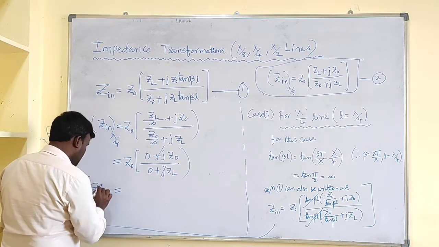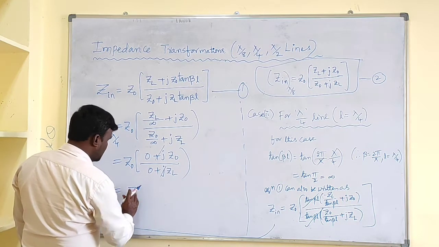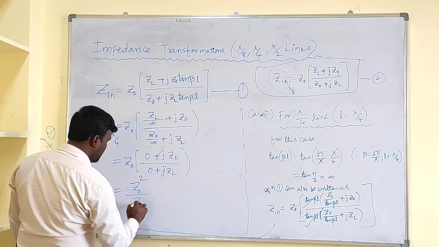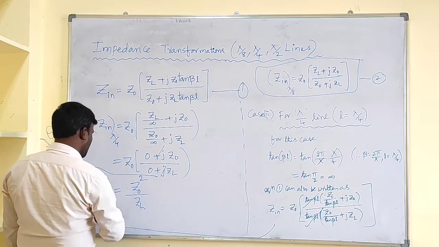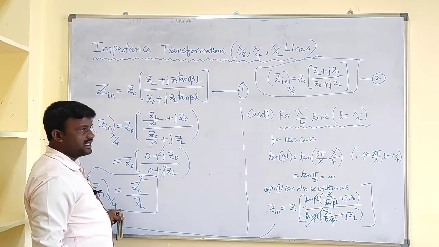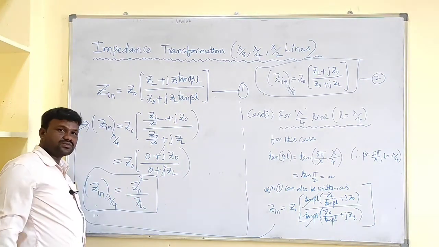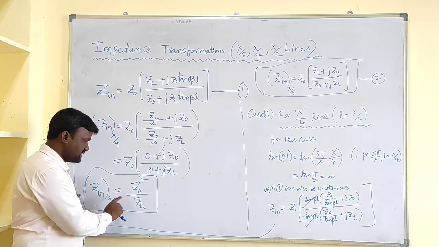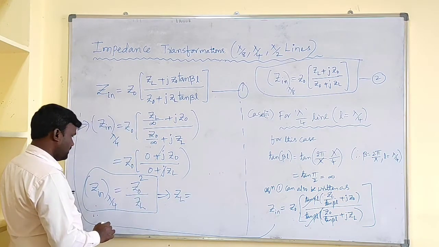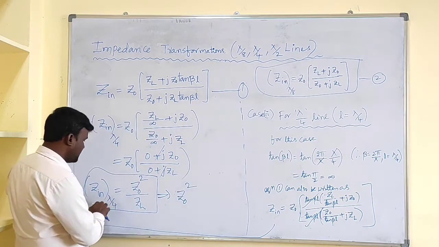So for Zin lambda by 4 line we got the expression Z0 square by ZL. So equation 1 is transformed like this for the lambda by 4 line, which means impedance is transformed. From this we can write Z0 square as Zin into ZL.